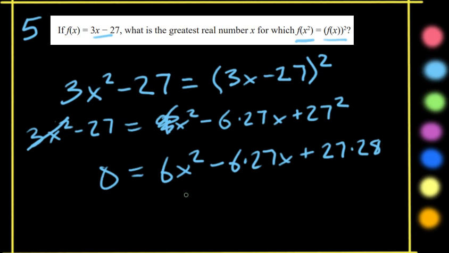So I guess all these are divisible by 6, so we could divide this by 6. So we still have 0 over here. We're going to have x squared minus 27x. Oh, I'm glad that I didn't multiply that out because now I just get to cancel it. And then plus, if I divide this by 6, I can divide the 3 here, so that's just going to give me 2 times 14, because I divide the 2 here to give me 14, and I divide the 3 here.